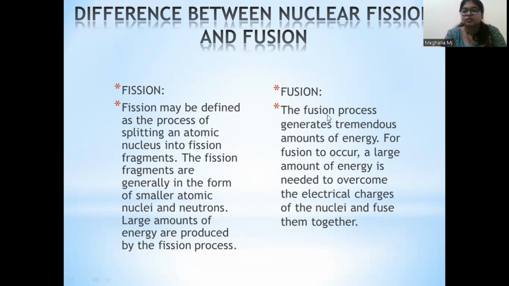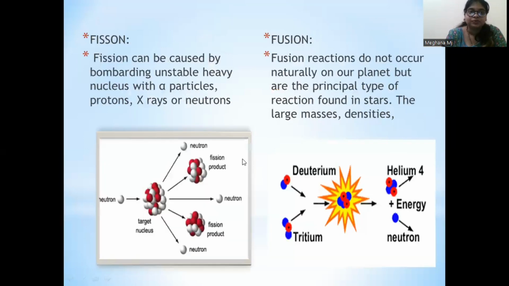Fusion. The fusion process generates a tremendous amount of energy. For fusion to occur, a large amount of energy is needed to overcome the electrical charges of the nuclei and fuse them together.